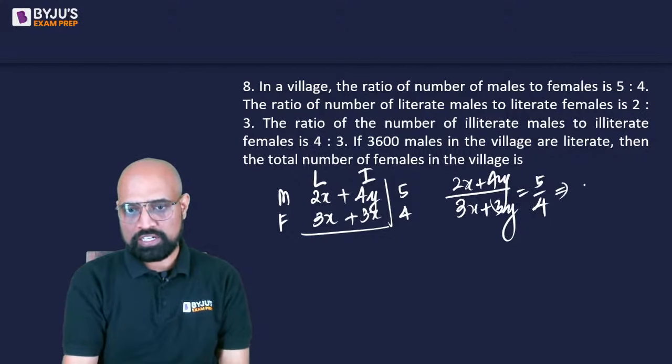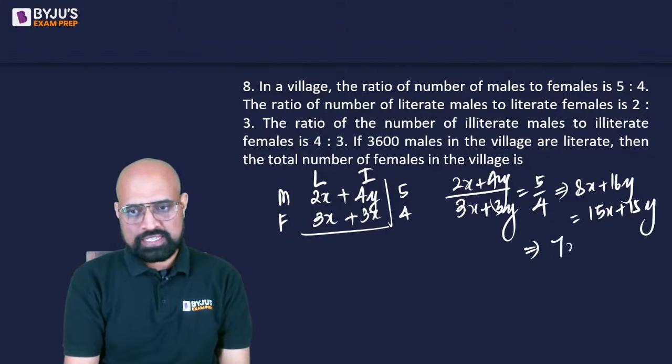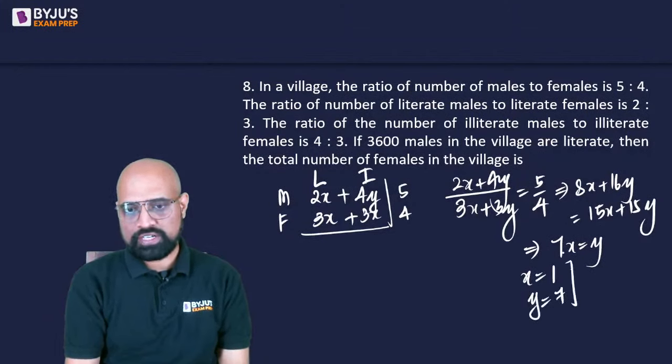If we cross multiply, we will have 8x plus 16y is equal to 15x plus 15y. This will give us 7x is equal to y. So the value of x will be 1, value of y will be 7, right?